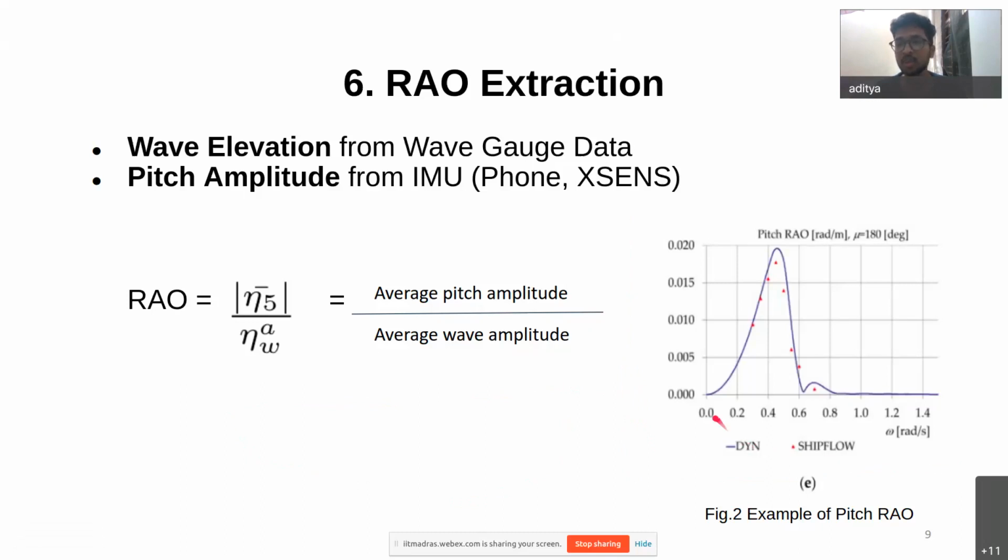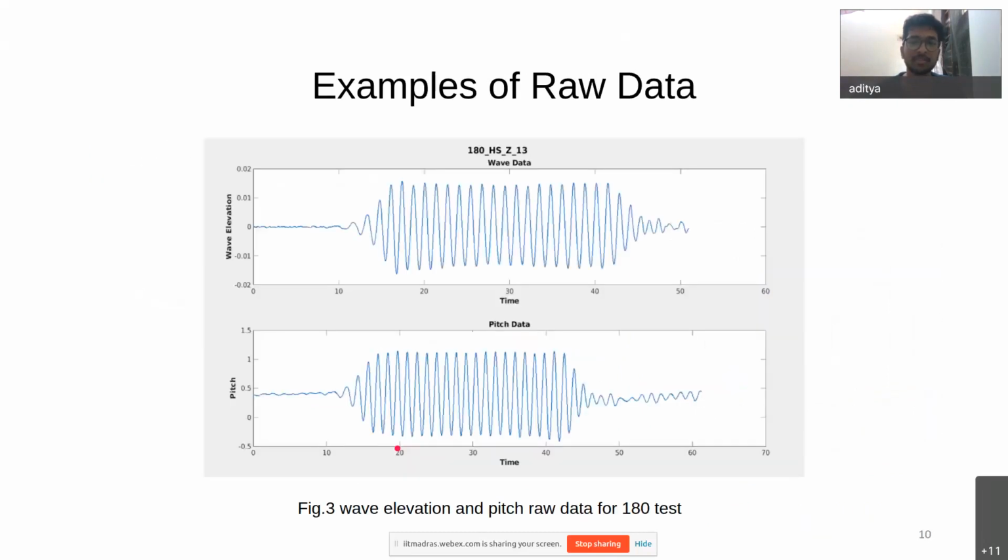You can see that for different frequencies you are plotting the RAO, and at a frequency somewhere around 0.4 or 0.5, you can see the peak. That peak corresponds to the pitch natural frequency, where at that particular input frequency, the response will be higher. This is what this peak implies. Now we'll see different graphs in coming slides.